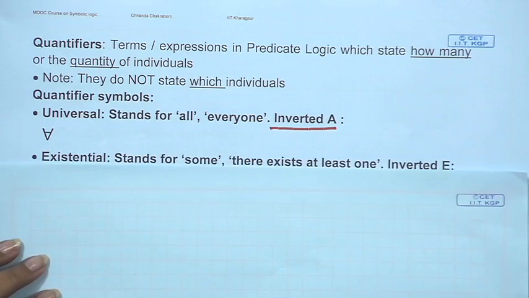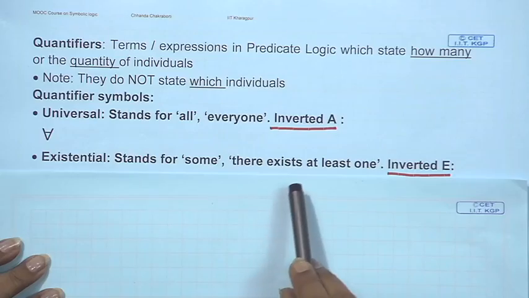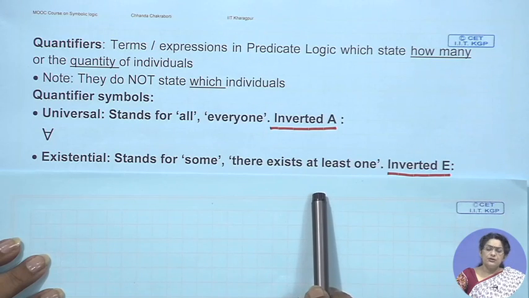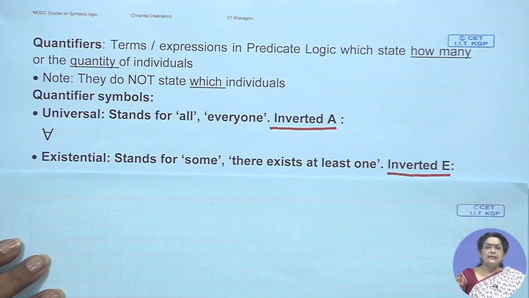Get it? Now, there is also what categorical logic talked about, which was particular. Whenever you wanted to refer to some, at least one, you called it the particular. Here, please note, there is a lot of theoretical reason behind that, but in first order predicate logic we will call it existential.